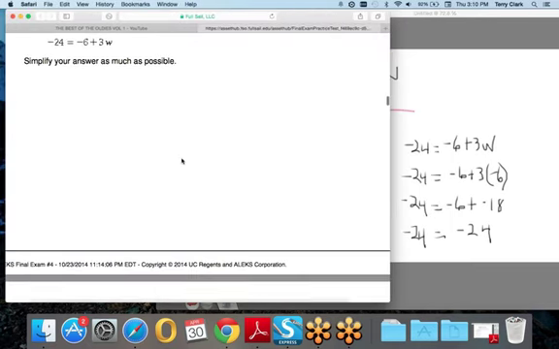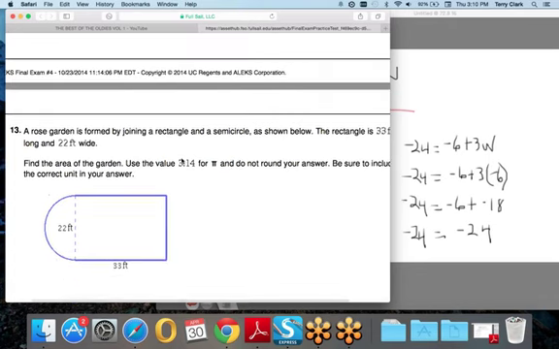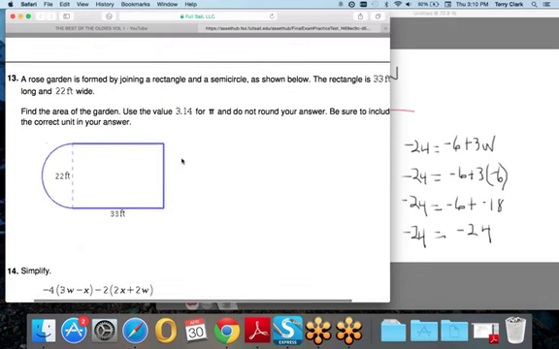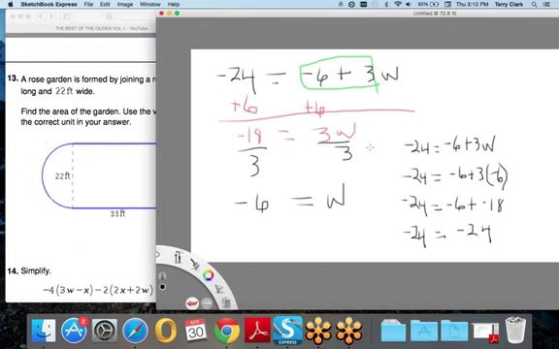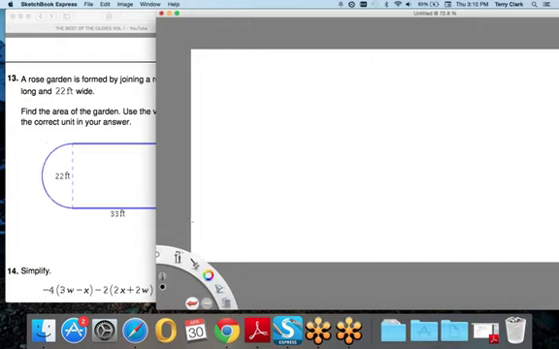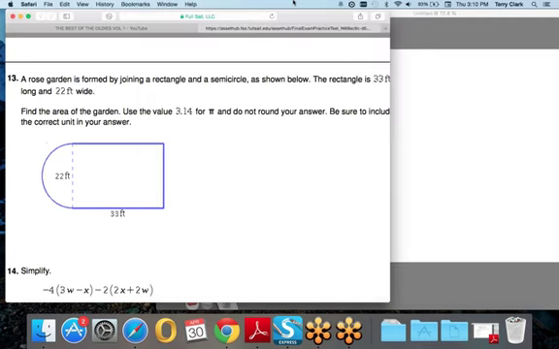Does anyone have any questions about number 12? All right, number 13. A rose garden is formed by joining a rectangle and a semicircle as shown below.